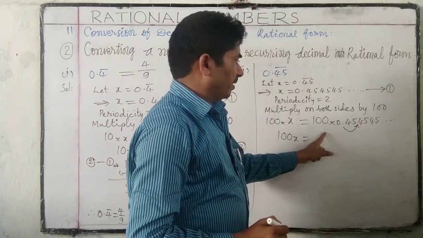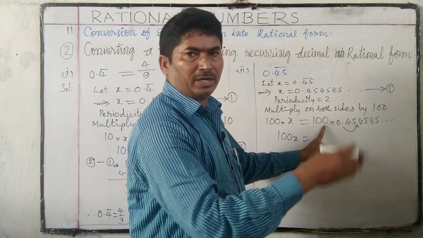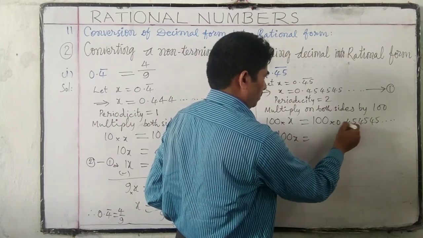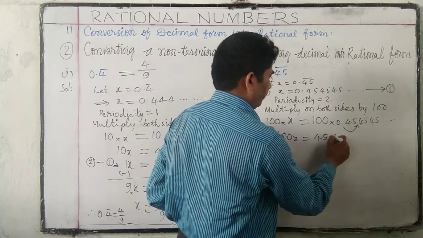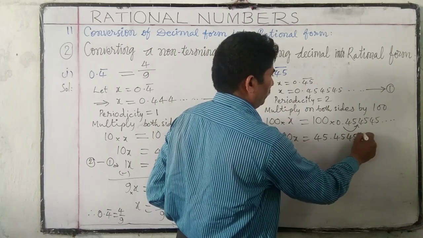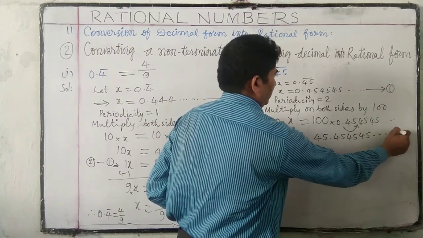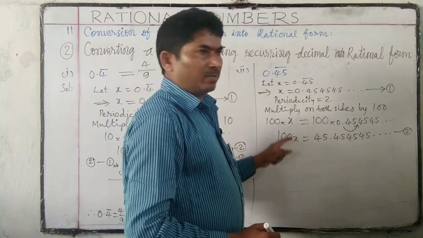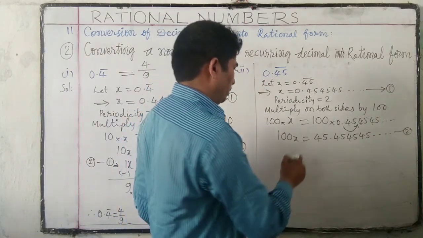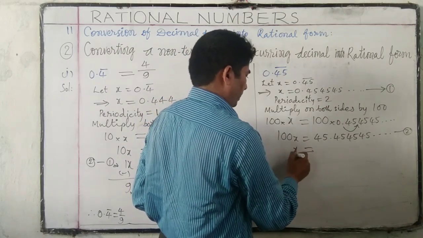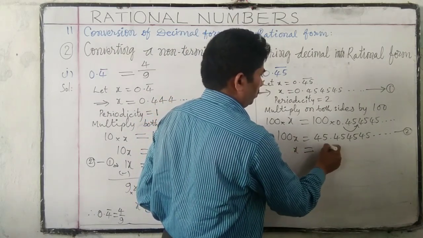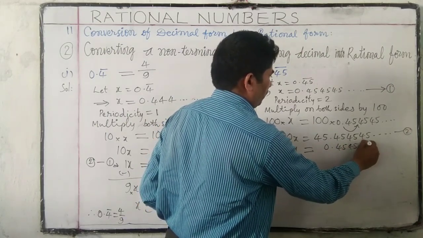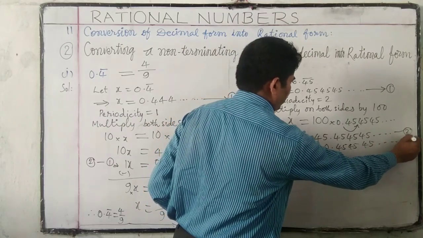To multiply a decimal by 100, shift the decimal to the right by 2 places. So 45.45, 45, 45 and so on. This is equation number 2. We have to subtract equation 1 from equation 2. x is equal to 0.45, 45, 45 and so on. This is equation 1.